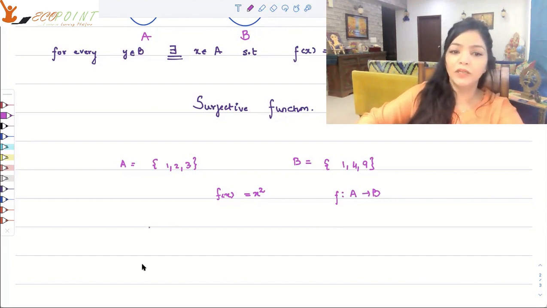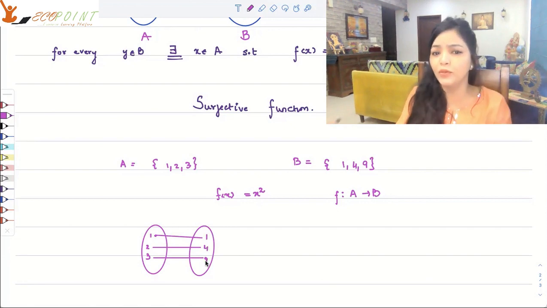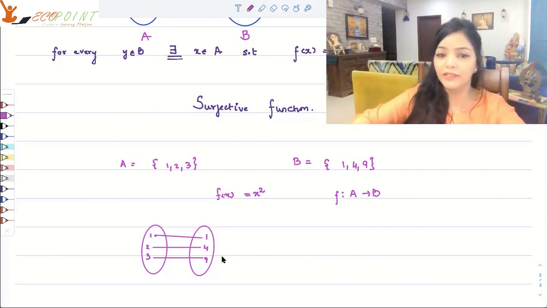When you create the mapping to visualize it, you would see that your entries 1, 2, 3 are getting mapped to 1, 4, 9, that is unique output, and you have no free floating elements in the codomain. In the domain, you cannot have any free floating elements anyway, that's by the definition of a function. In the codomain, this time, you don't have anything free floating. That means it's an onto function.